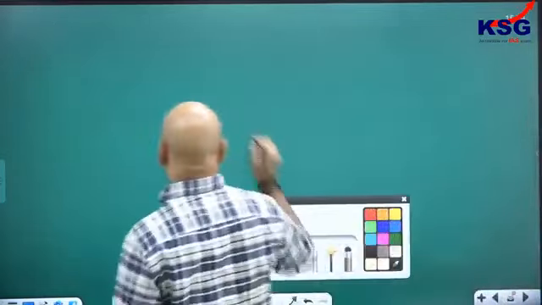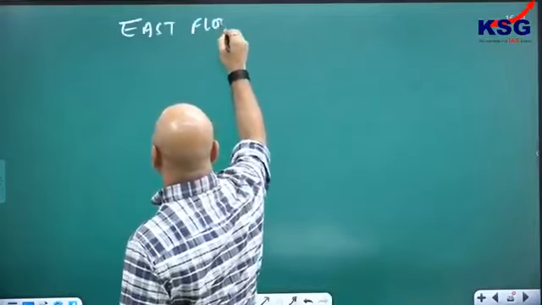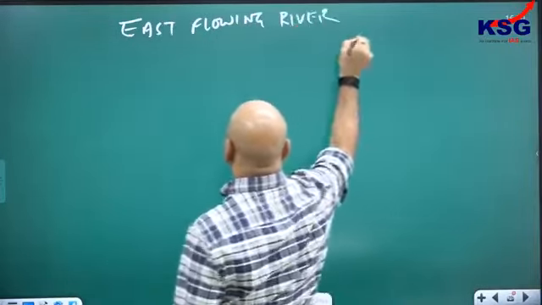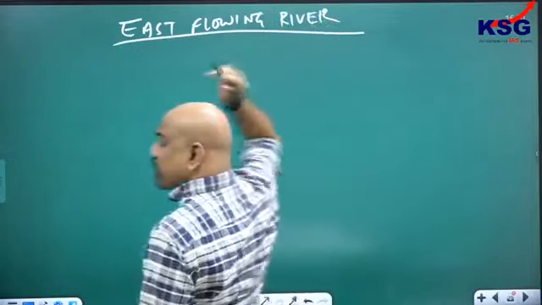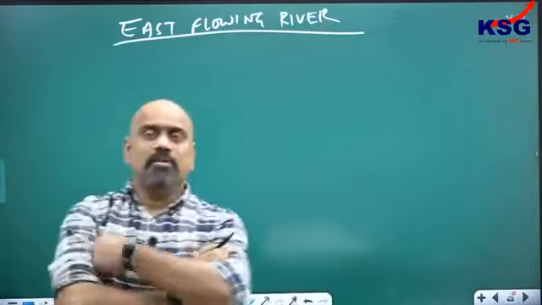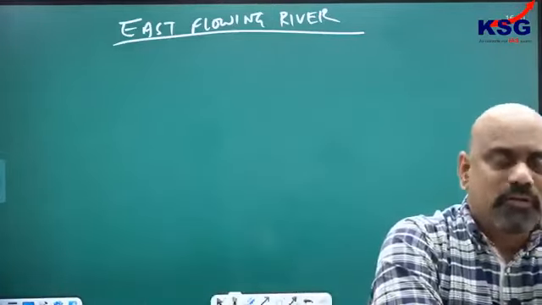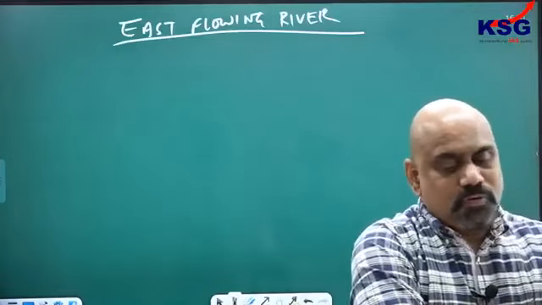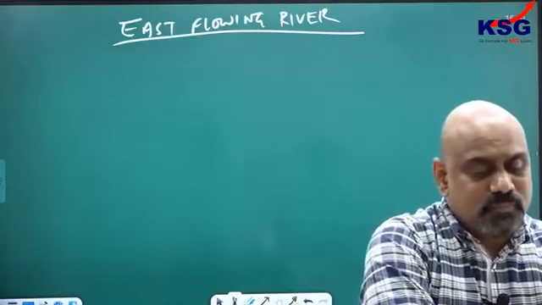Among the east flowing rivers, see here, they are forming delta. I said they are forming delta. Almost all major east flowing rivers are forming delta. The major cause behind this is what? Yes, we will discuss certain things on river treaties also.